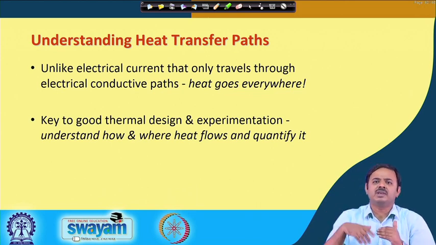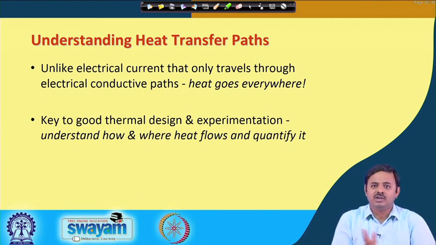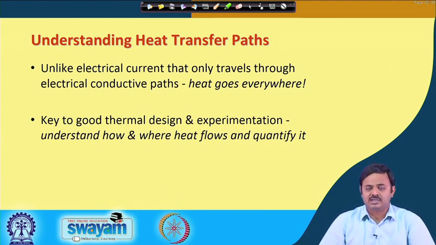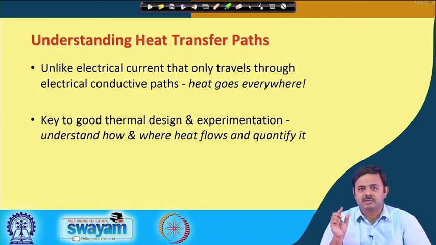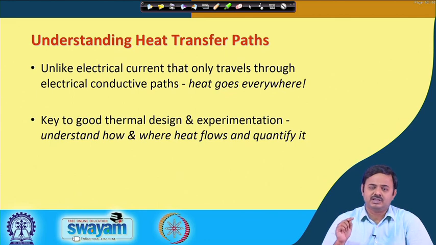And let us say, okay, from there it finally goes to the atmosphere, goes to the ambient, that is where it is dissipated. Okay, fine. But while going there, what are the paths it can take? Does it have only one path to go, or can it have multiple paths? Okay. For example, in the small problem that we solved in the last lecture, we considered only one single heat flow path from the junction to the thermal interface material to the copper plate and then to the ambient.